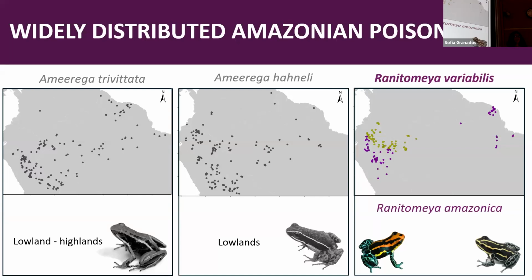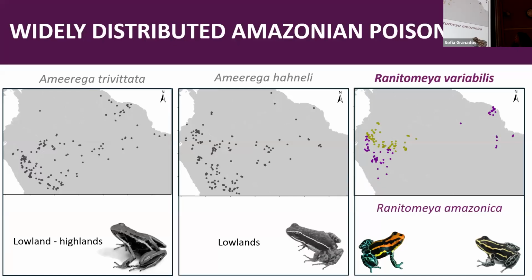However, in the past, using mitochondrial genes, they were assigned to Ranitomeya amazonica. It was just recently, with one of Jason's students' work using nuclear DNA, that she found out that indeed these populations are part of Ranitomeya variabilis.